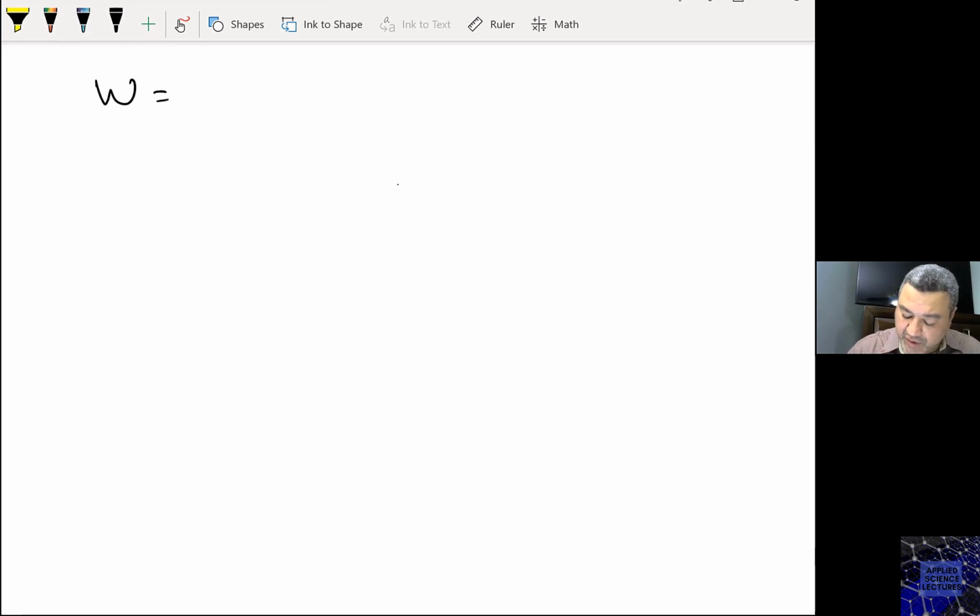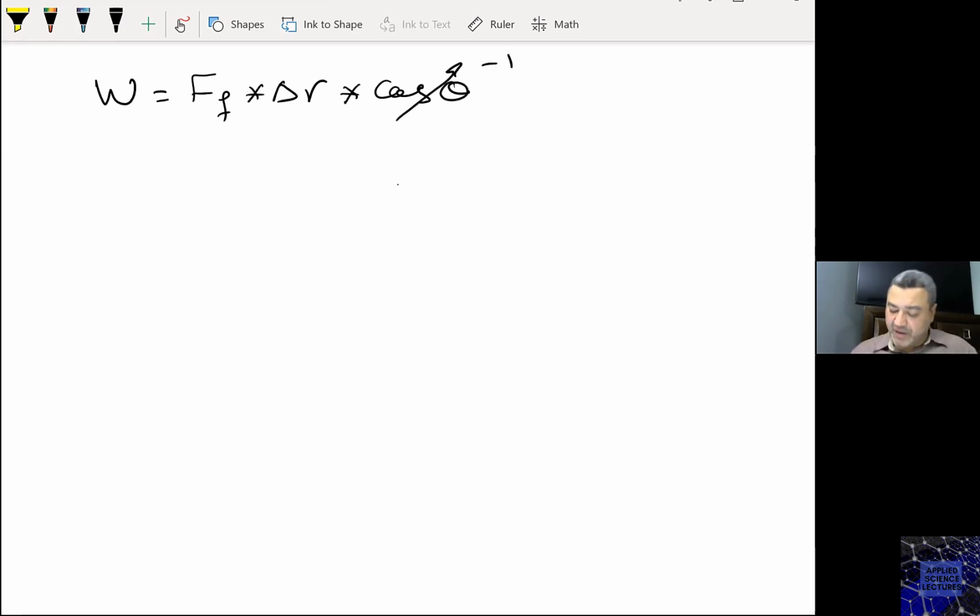Now, the work is Ff times delta R times cosine theta. We know that theta is 180 degrees, which means cosine theta is minus 1.